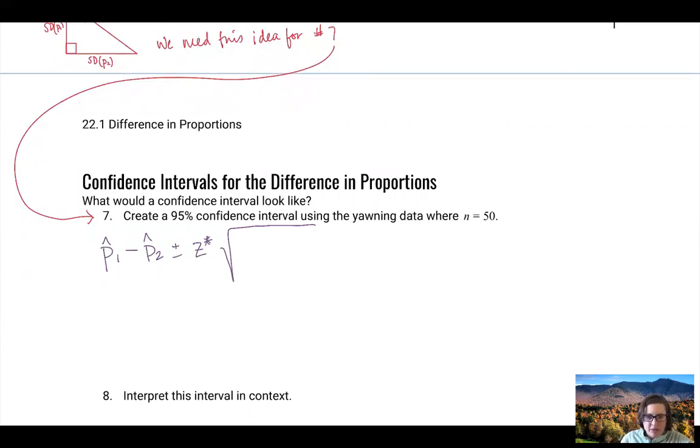So let me show you where we're going to actually derive the standard deviation formula. So we know that for one proportion, the standard deviation is the square root of p times 1 minus p divided by n, right? P is the proportion, n is the sample size.